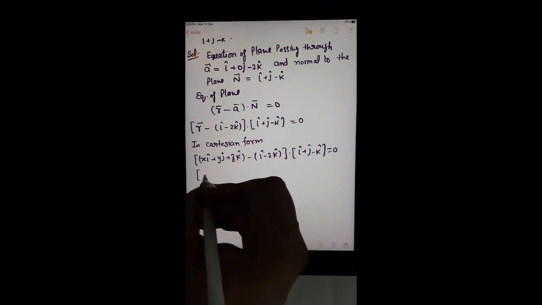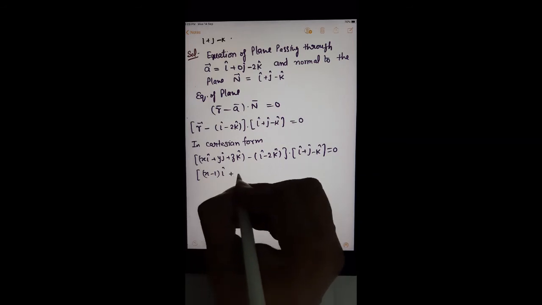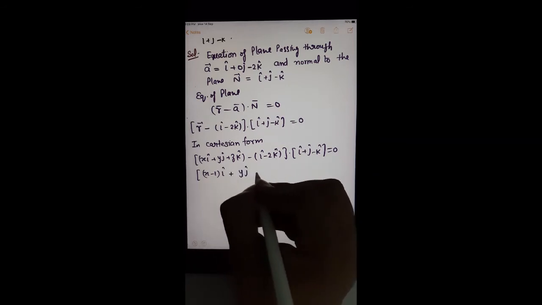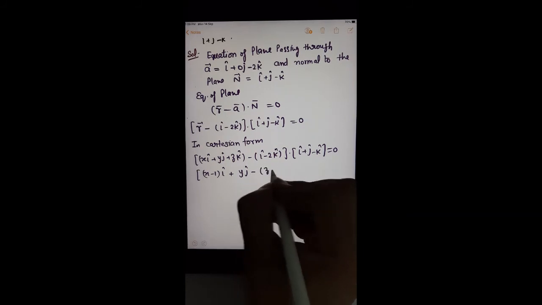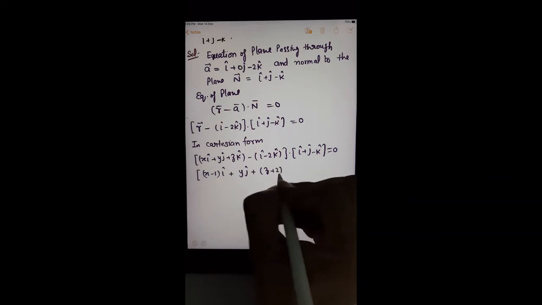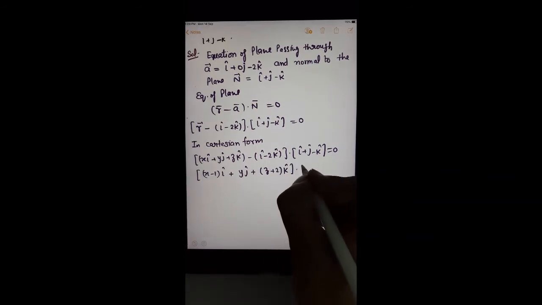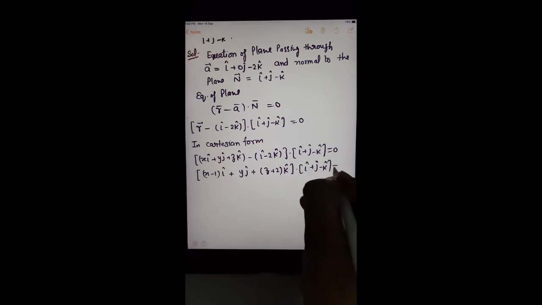So here we get x minus 1 i plus yj plus z plus 2 k dot i plus j minus k is equal to 0.